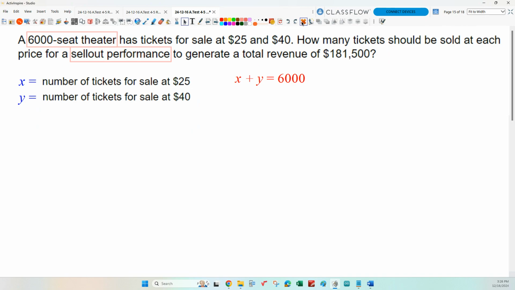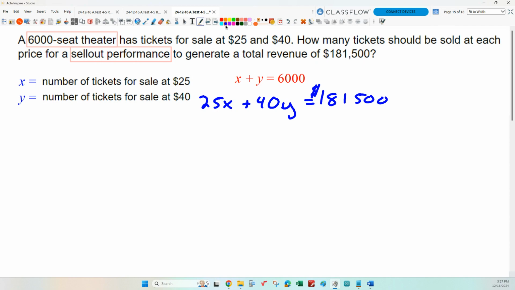What do you think? 25x plus 40y. Perfect. The equation is going to be 25x plus 40y equals $181,500, right? So we're trying to have dollars on both sides.